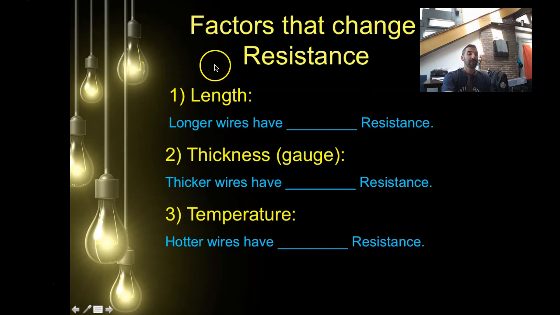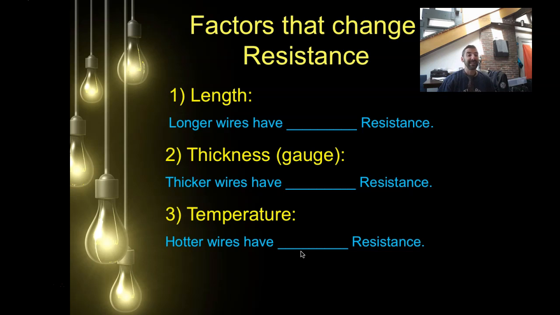So, to summarize, a long wire has a high resistance, a short wire has a low resistance. A thick wire has a low resistance, a thin wire has a high resistance. A hot wire has a high resistance. A cold wire has a low resistance.